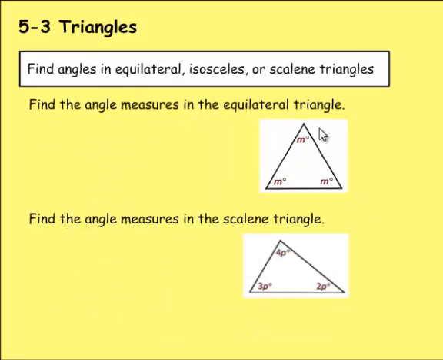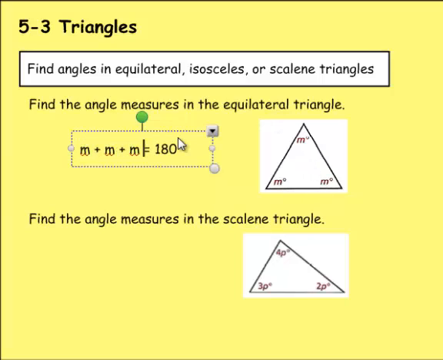Now we can do this equilateral triangle. And it didn't even give us any numbers. But I do know one number, right? All triangles equal 180 degrees. So I can work off of that. Well, I know that we could do m plus m plus m, so let's actually write that out, equals 180 degrees. So what plus itself 3 times would give you 180? Or if we simplify this, 1m plus 1m is 2m, plus 1m is 3m.